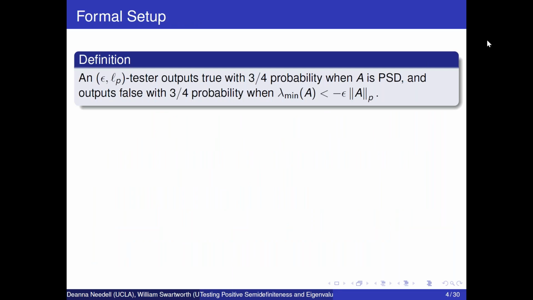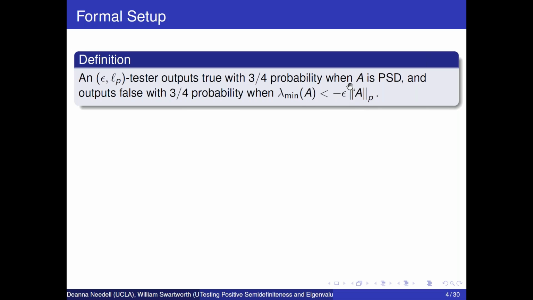To formally define the problem I talked about, PSD testing, though we will look at other problems later in the talk, we have the following definition. We say an epsilon Lp tester outputs true with constant probability, let's say 3/4, when A is PSD, and outputs false with constant probability, say 3/4, when A is sufficiently far from PSD, meaning that its minimum eigenvalue is less than minus epsilon times the p norm of A. Here it's important that we have a scale invariant quantity.